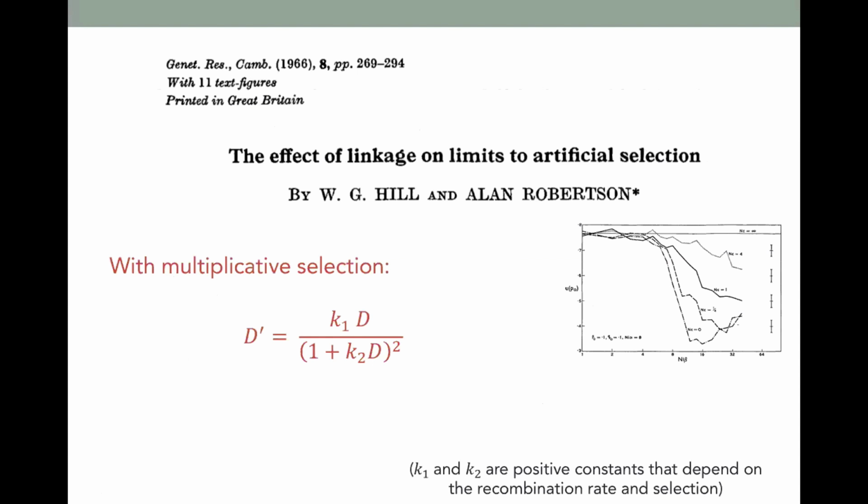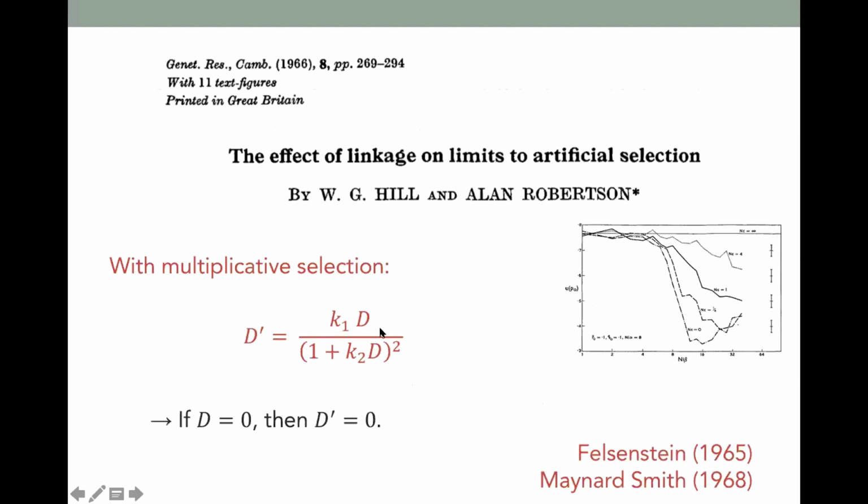Hill and Robertson pointed out that the dynamics of the linkage disequilibrium obey this type of equation, where the disequilibrium in the next generation is equal to a function of the disequilibrium in the previous generation. K1 and K2 are just constants that depend on the selection and recombination in the system.